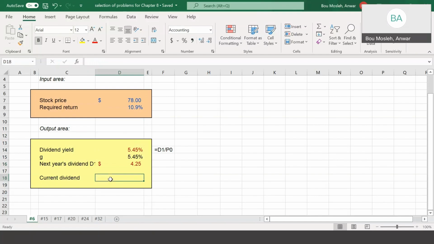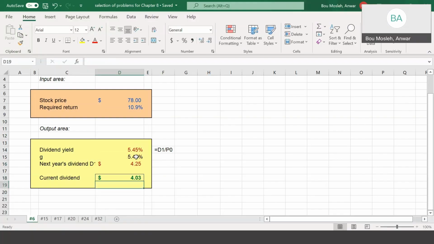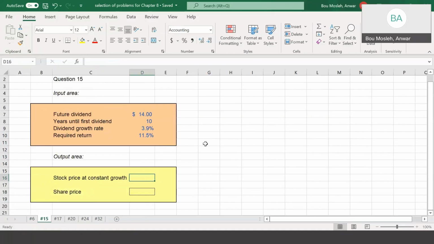And thus, the current dividend is nothing but next year's dividend divided by 1 plus G, and that will give me $4.03 as this year's dividend, the current dividend. Moving to number 15.